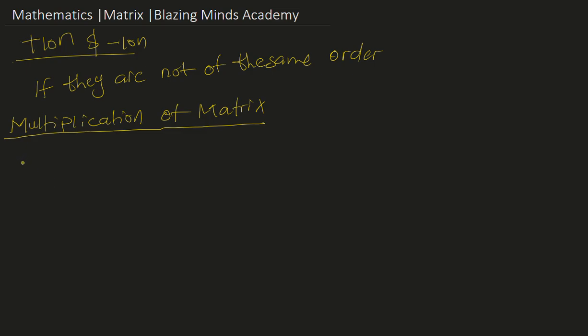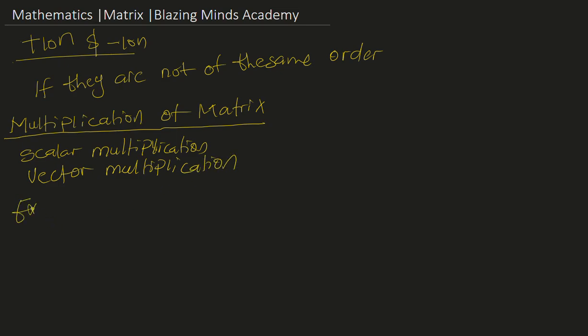But there are two types of multiplication in matrices. We have the scalar multiplication, and we also have the vector multiplication. Now, what is the scalar multiplication?